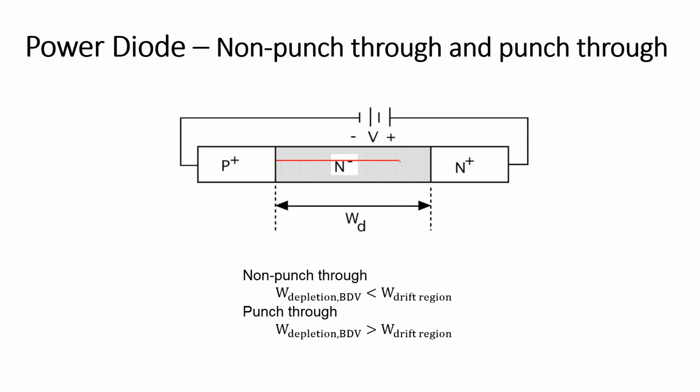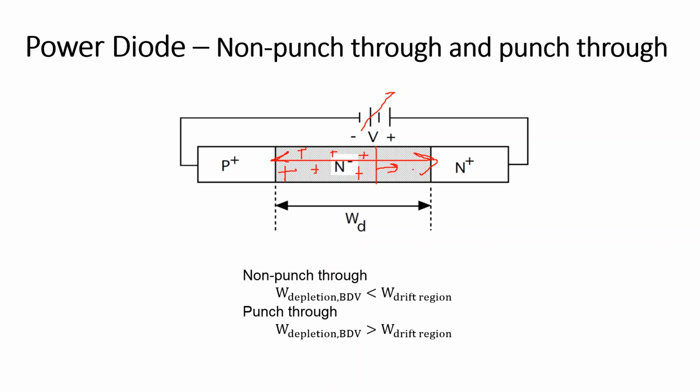One is the drift region and one is the depletion region, that is the region where we have only positive charges, as we discussed in earlier videos. Increasing the breakdown voltage of the device increases the width of the depletion region.